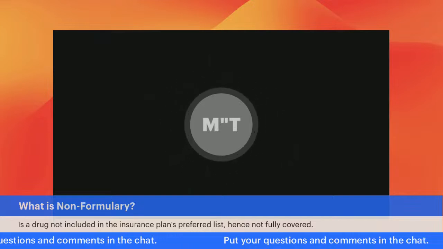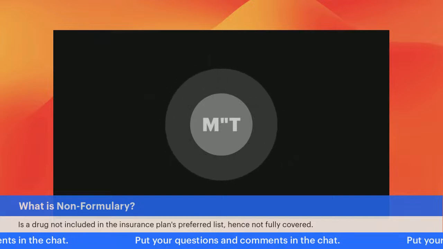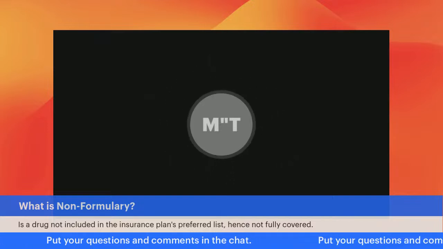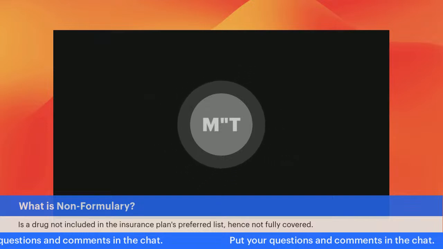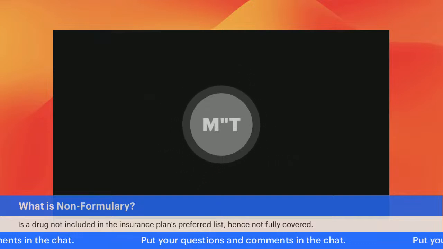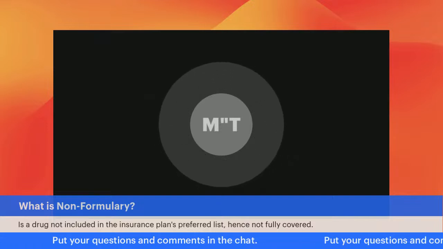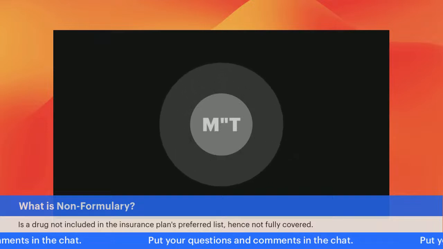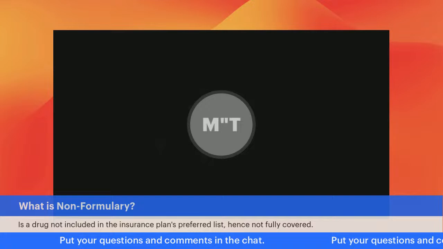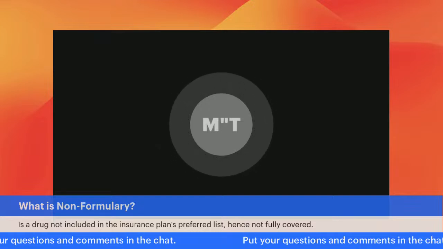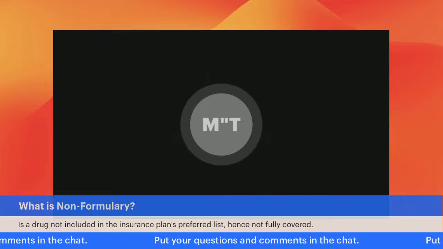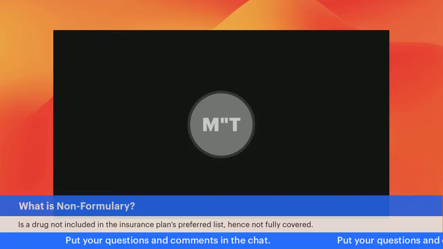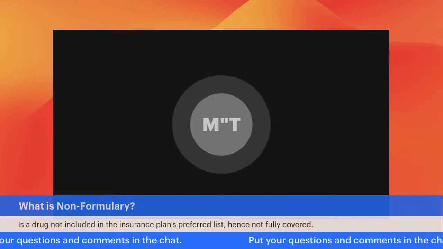Why? Because, thank you, Matt Dodge, it depends. But in most cases, the dispense as written is going to override, and correct me if I'm wrong, Matt Dodge, it's going to override because the generic may or may not include all of the components that the brand name has, right?